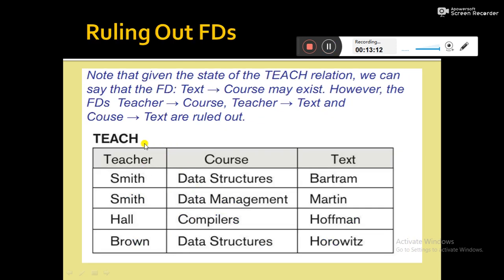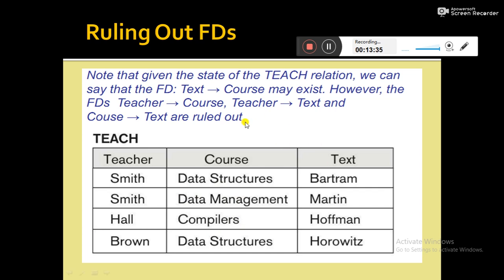Consider another example. Suppose Teach is a relation, and this is the population of relation Teach, meaning this is the data set given. Based on this data set, we have to determine which functional dependencies may hold and which do not hold.